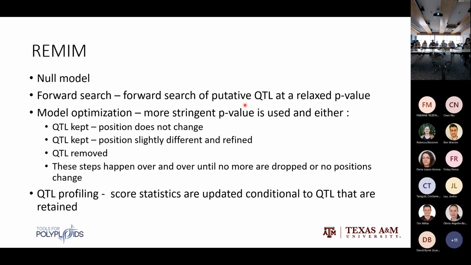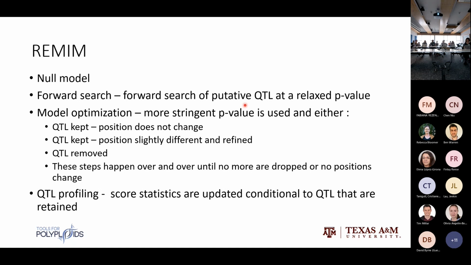But what it is, it's a model that starts with no QTL. It does a forward search of QTL at a very relaxed p-value. Then in model optimization, it uses a more stringent p-value to either keep a QTL, and then during the optimization the position slightly changes, or if at this more stringent p-value the QTL doesn't meet the p-value, it gets kicked out.